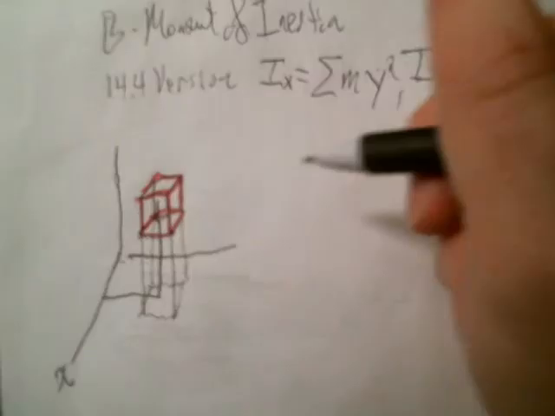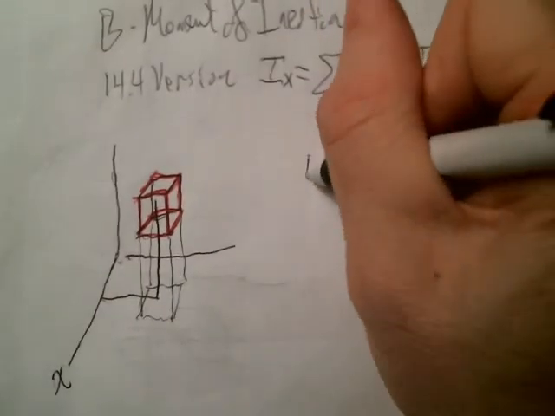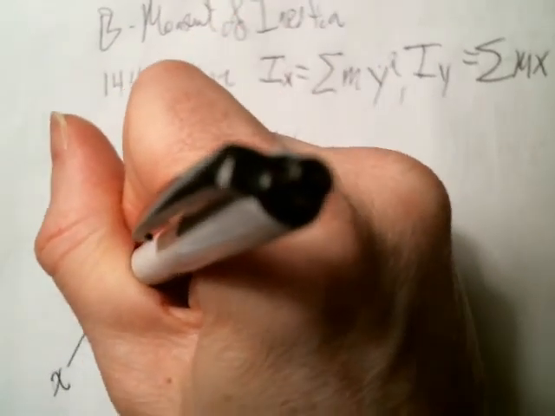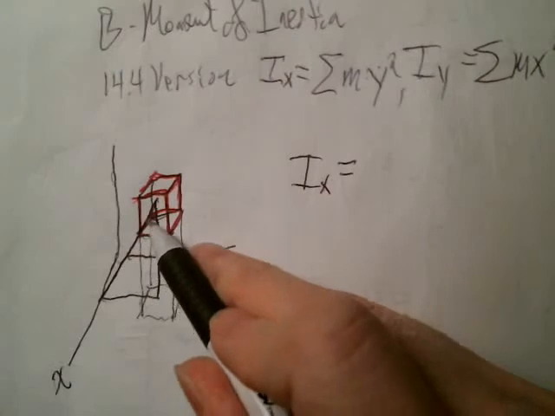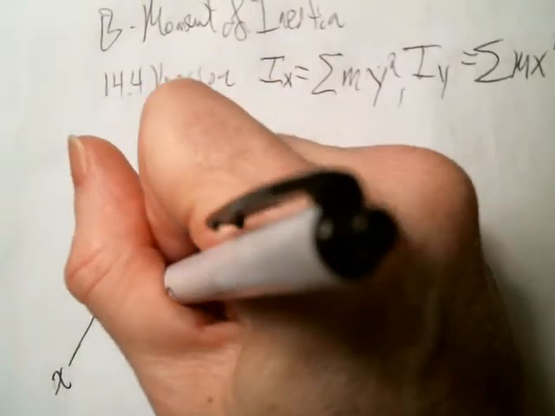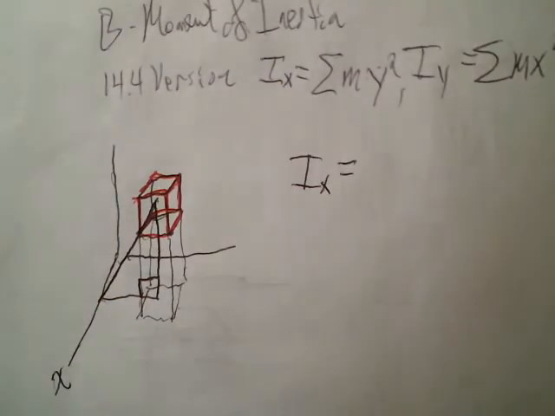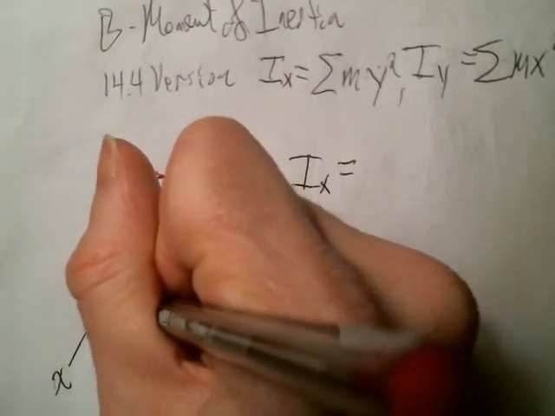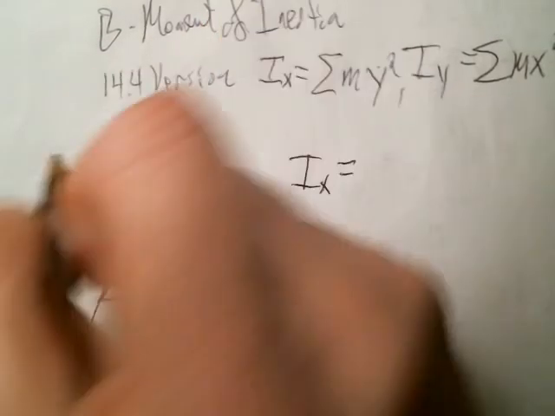So if this is the x-axis, and I'm worried about I sub x, I need this distance here, this hypotenuse distance on this right triangle. Okay. So what is that distance? Well, this distance here is y. This distance here is z.